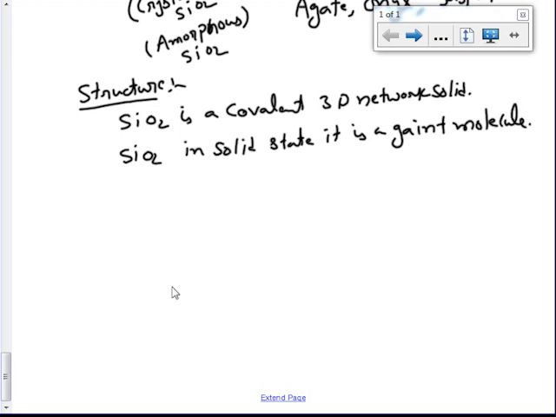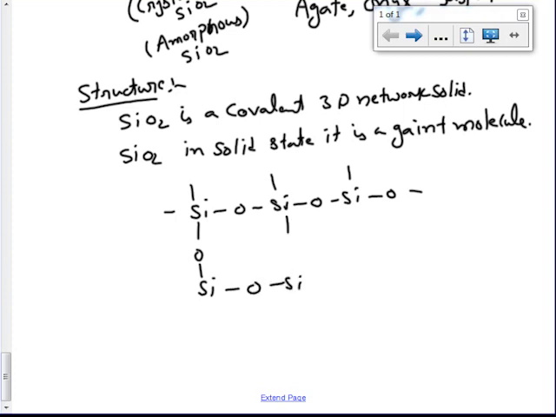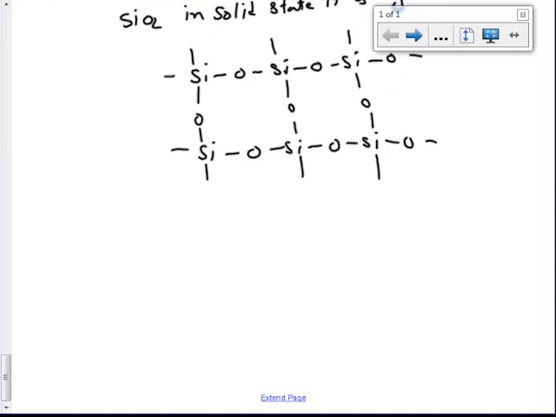See the structure of SiO2 like this. So it is a giant molecular structure.